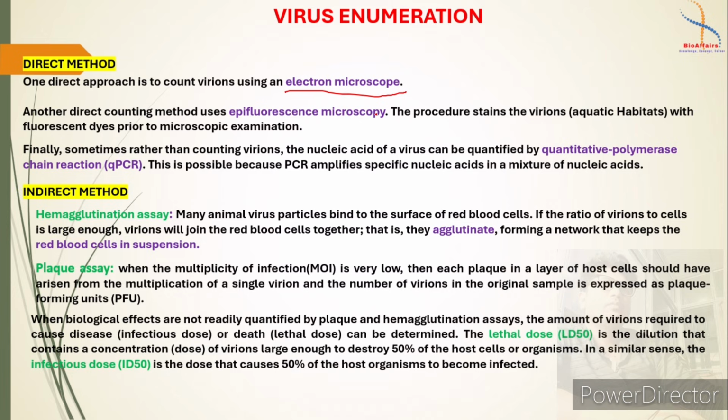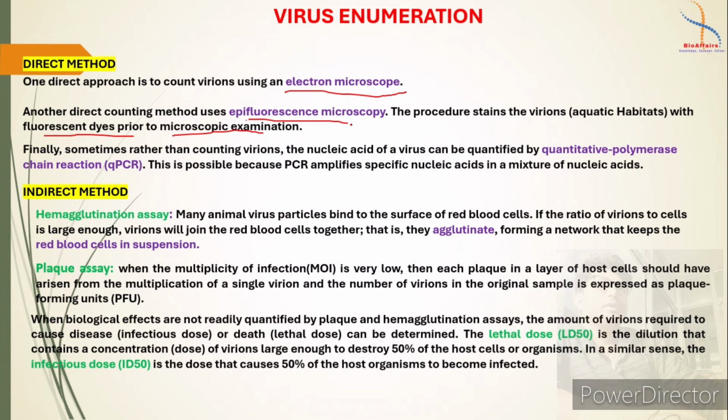I have shown you in the previous classes. Another direct counting method is fluorescence microscopy. Here the virions are stained with fluorescent dyes for microscopic examination. Okay, so fluorescence microscopy is more convenient if you see a fluorescent virus in a particular environment.